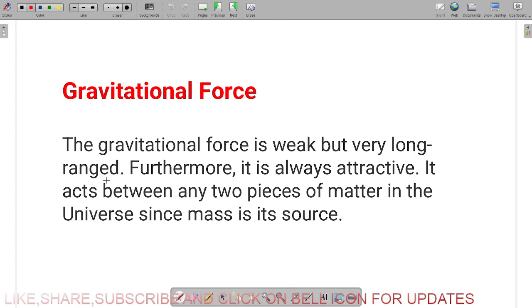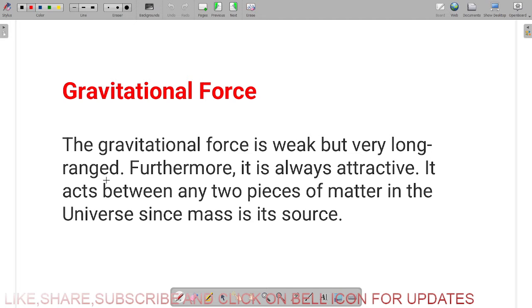Furthermore, it is always attractive. That means because of the gravitational force, two objects always tend to move towards each other. The force that exists between those two objects is the gravitational force.